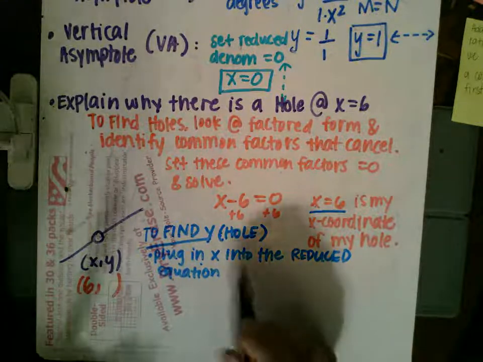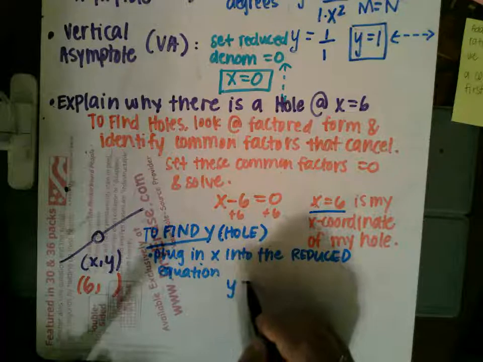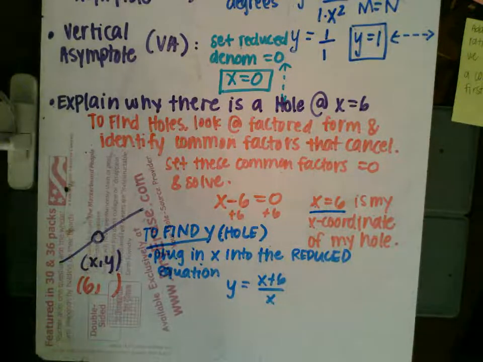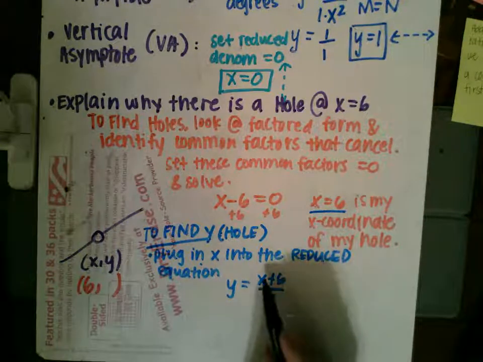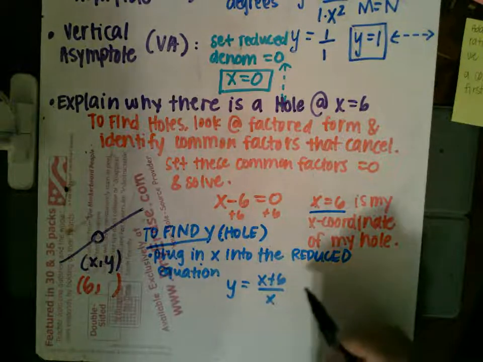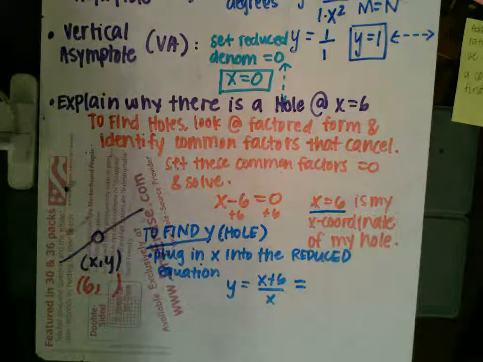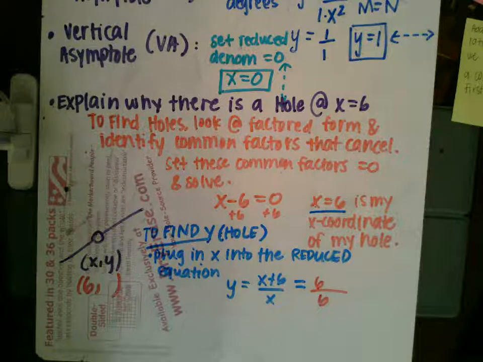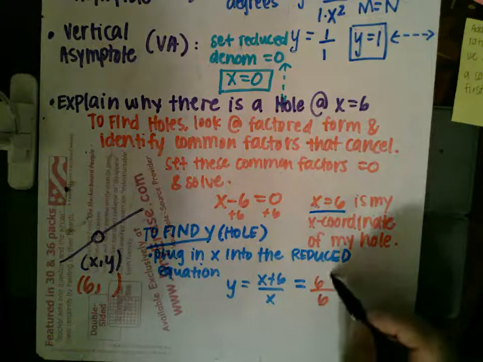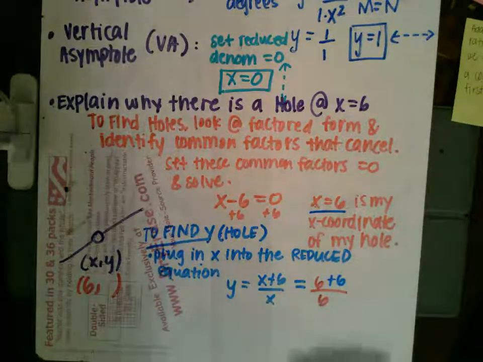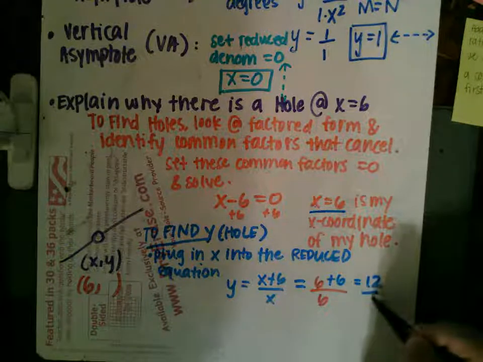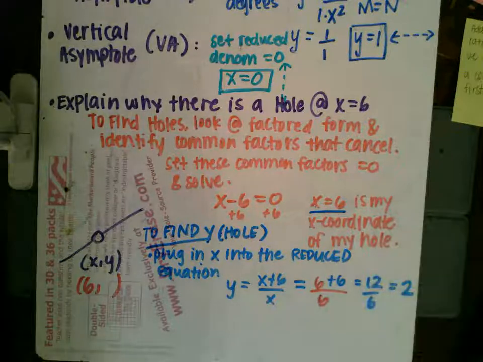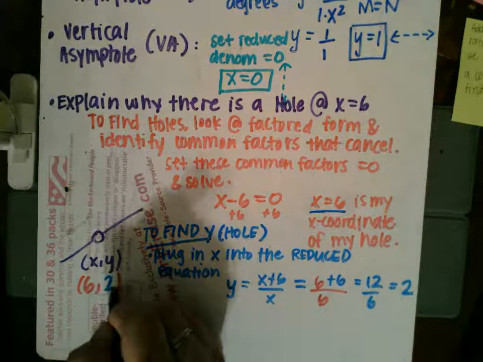Okay, so remember our fully reduced equation was y equals x plus 6 over x. So if I plug in x equals 6, everywhere I see an x, I will solve for y, right? I would get 6 plus 6 over 6, or 12 over 6, which reduces to 2. So y is equal to 2. So my y coordinate is 2.